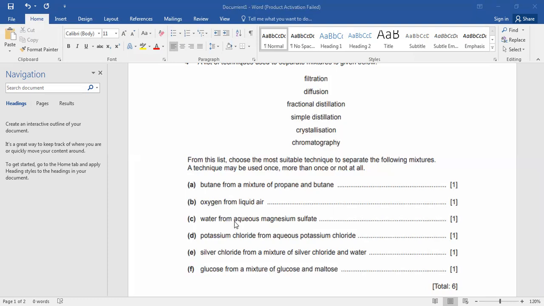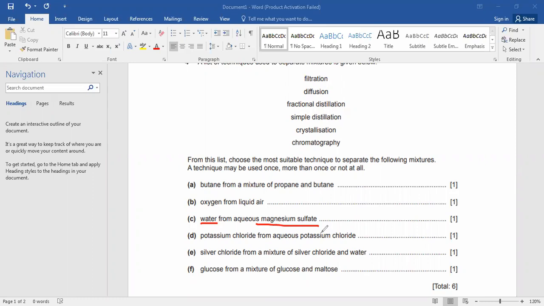And then water from aqueous magnesium sulfate. This is a very important question, children, because we make mistakes over here. Water from seawater we have seen in the previous question, right? Kind of the same question, because seawater is a salt solution. But over here, particularly they said magnesium sulfate.